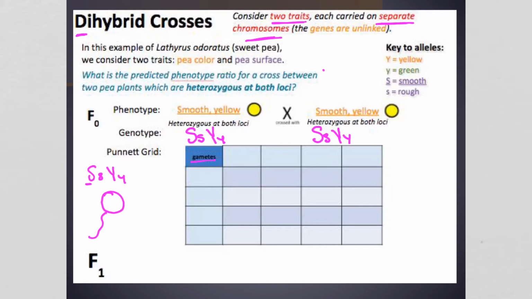It could be a big S and a big Y. It could be a big S and a little y. That's a little small, I'm not going to be able to write it in there. It could be a little s and a big Y. Or the combination could be a little s and a little y.